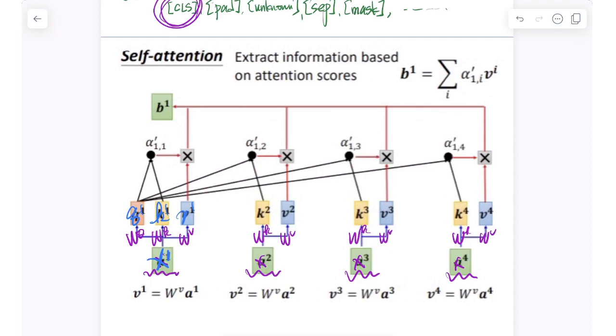Next, we use Q1 as the first query, and we use all the tokens' keys, K1, K2, K3, and K4.